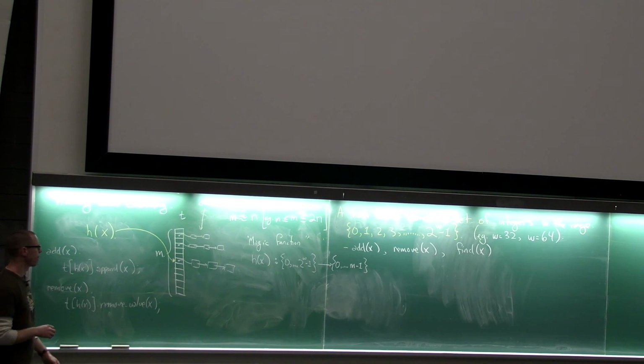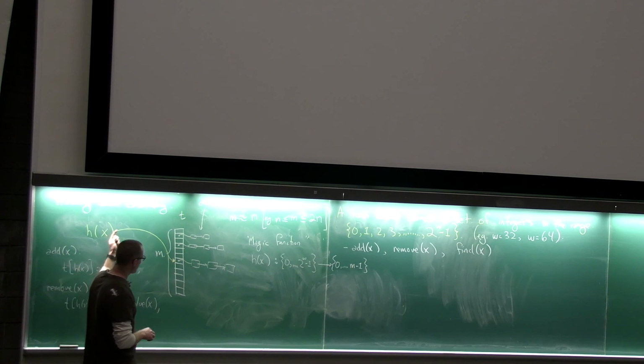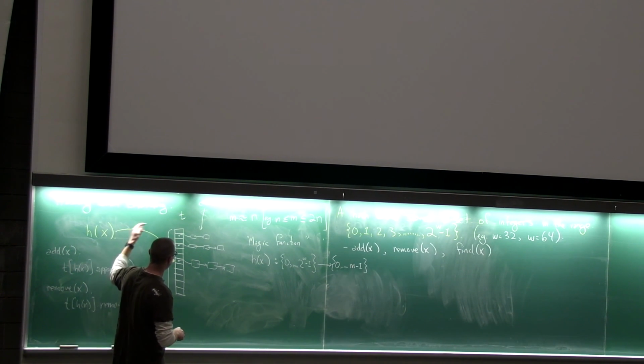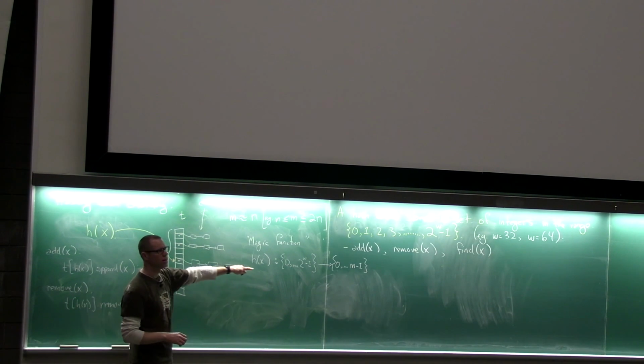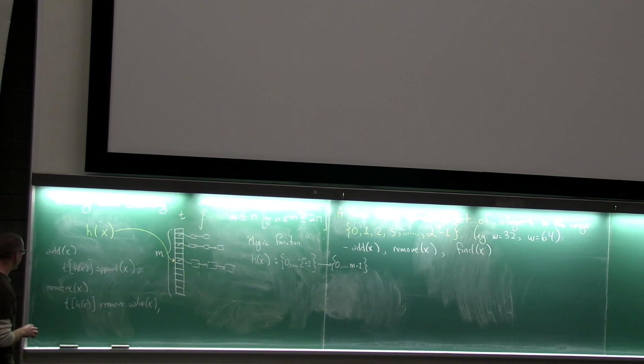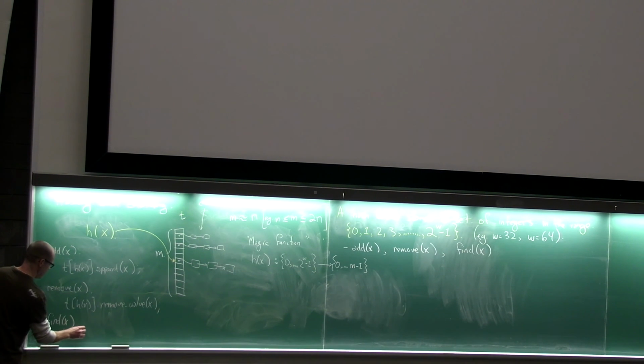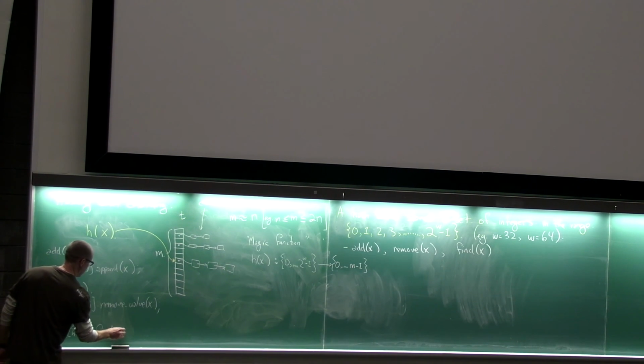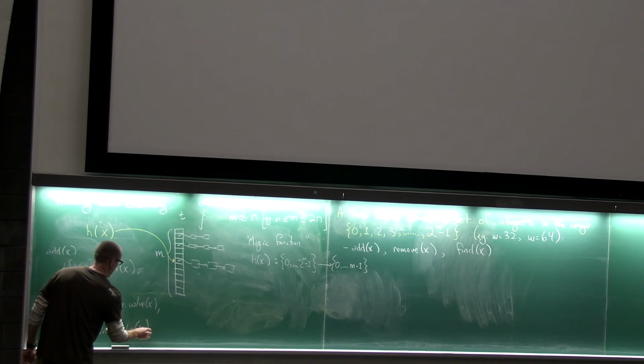Yep? Yeah. So h of x gets us to one place in this table, and then we have a list that we have to search through. Okay? And then finally, find x is, you just say T at h of x, find the value x.